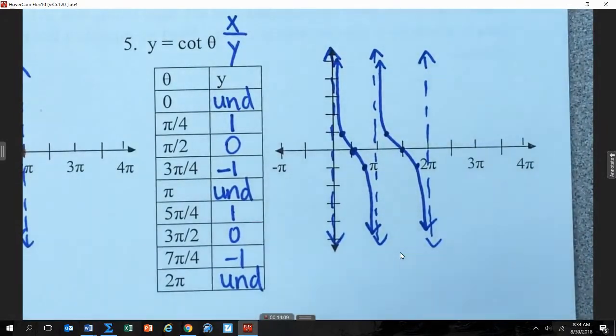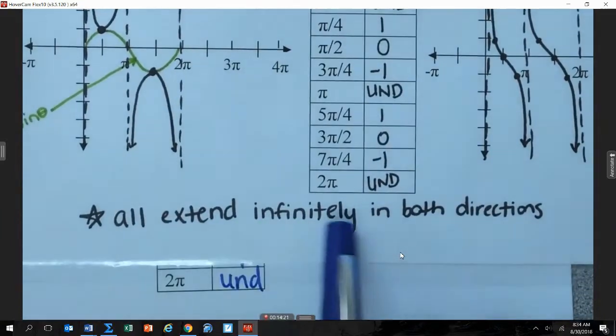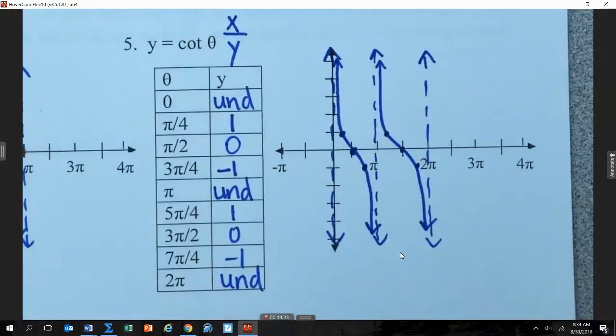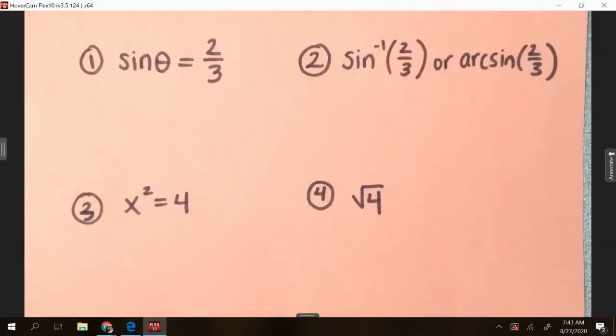Again, I want you to be able, if I give you a picture of a graph, to identify which graph it is. That's the goal. I actually wrote at the bottom of my note sheet, just as a reminder, that all graphs extend infinitely in both directions. You guys probably know that, though, so you don't have to write it. You know it. All right, guys, just a couple of quick examples before we jump into the back page.